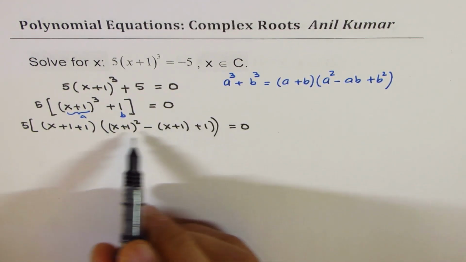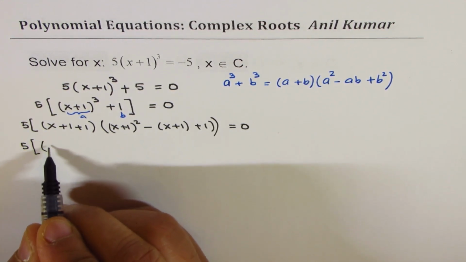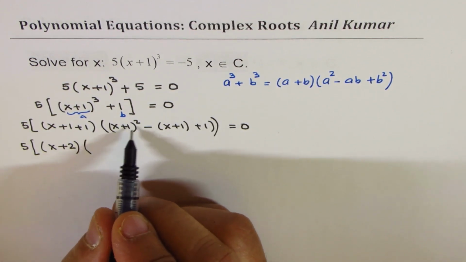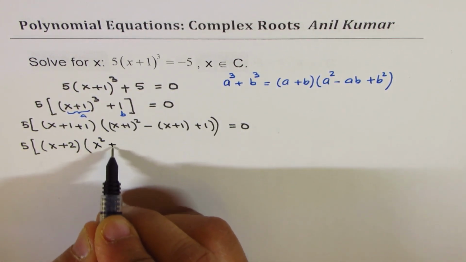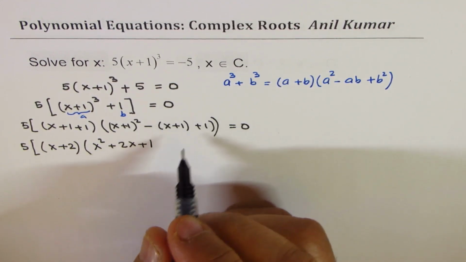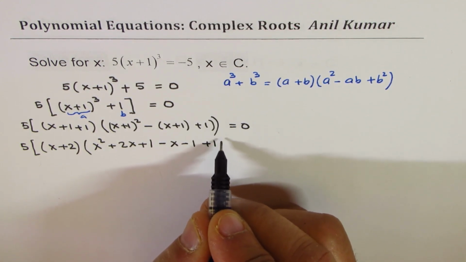Now we can expand and simplify this part. We get (x plus 2) times (x square plus 2x plus 1, since (x plus 1) whole square is x square plus 2x plus 1). Now open this bracket, which is minus x minus 1, and we have plus 1 here.